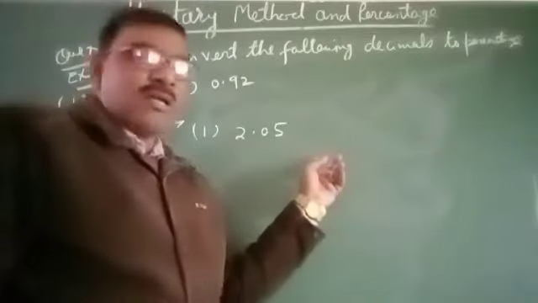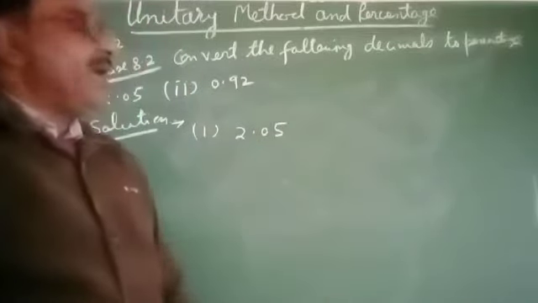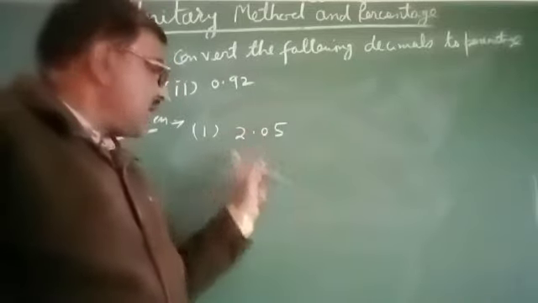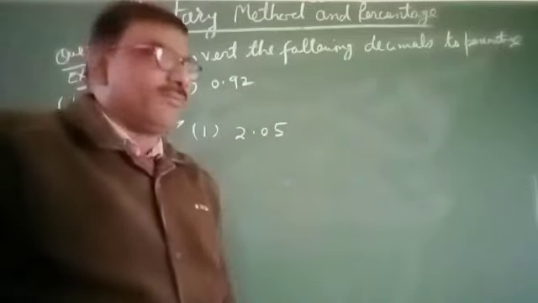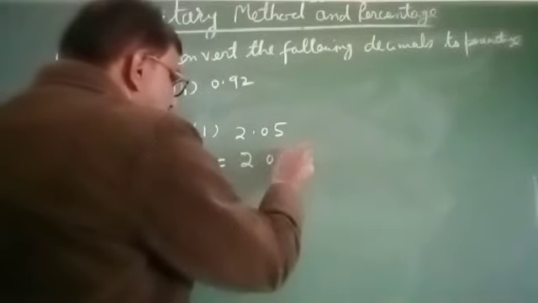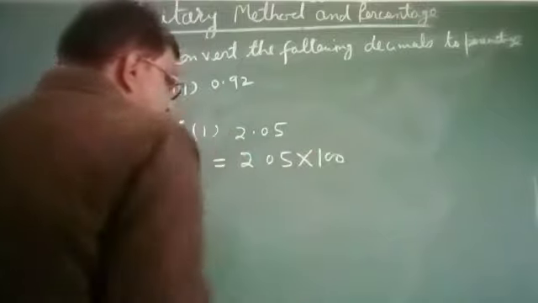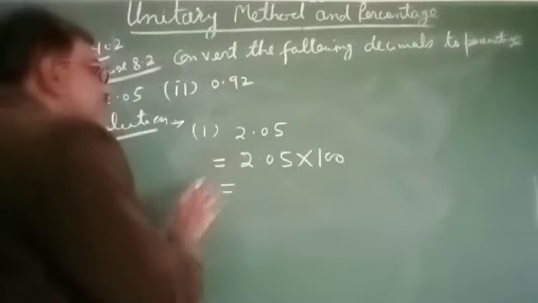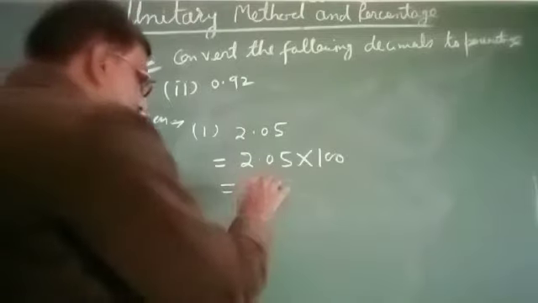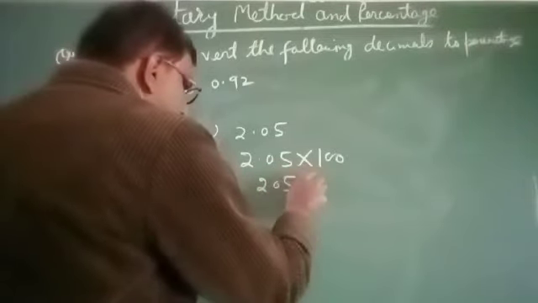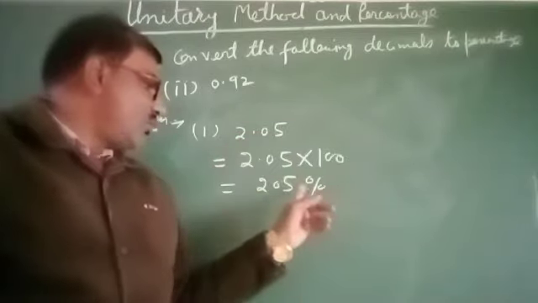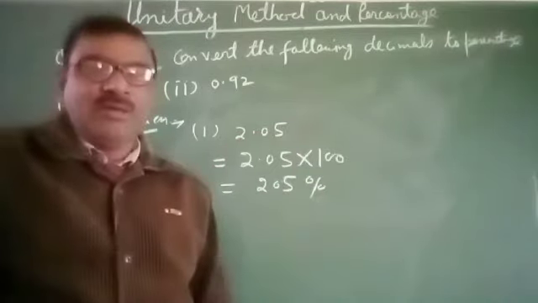I will multiply this decimal by 100. Then it will be equal to 2.05 multiplied by 100, which is 205%. So 2.05 will be equal to 205%.